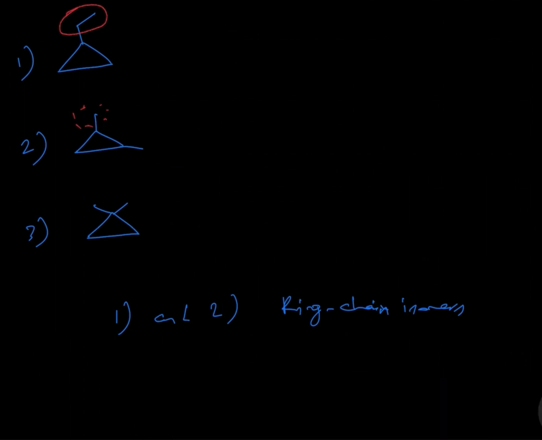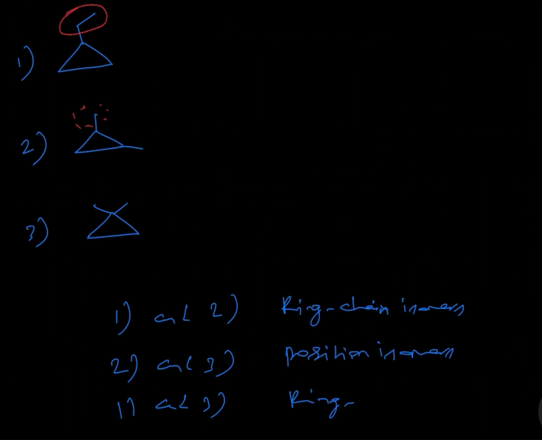How about 2 and 3? 2 and 3 are definitely position isomers, because now the difference comes in the position of the methyl group. 1 and 3 are ring chain isomers.